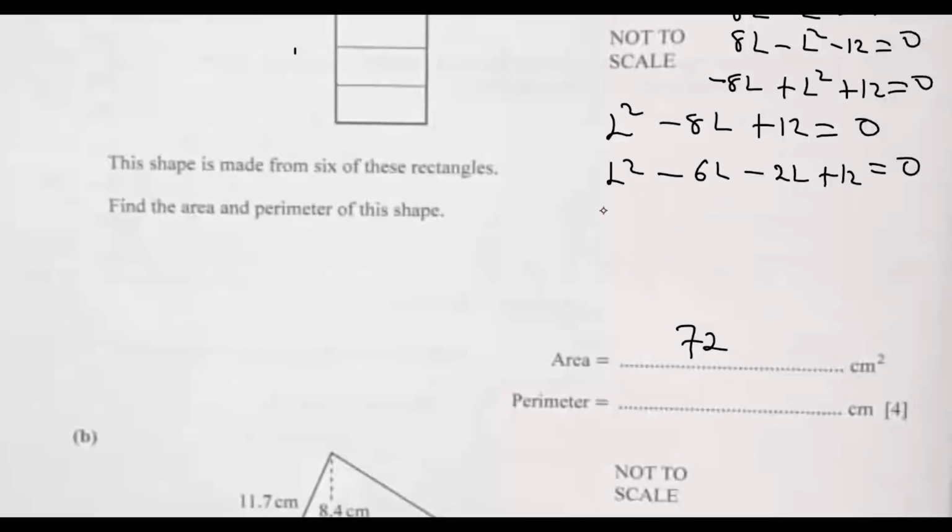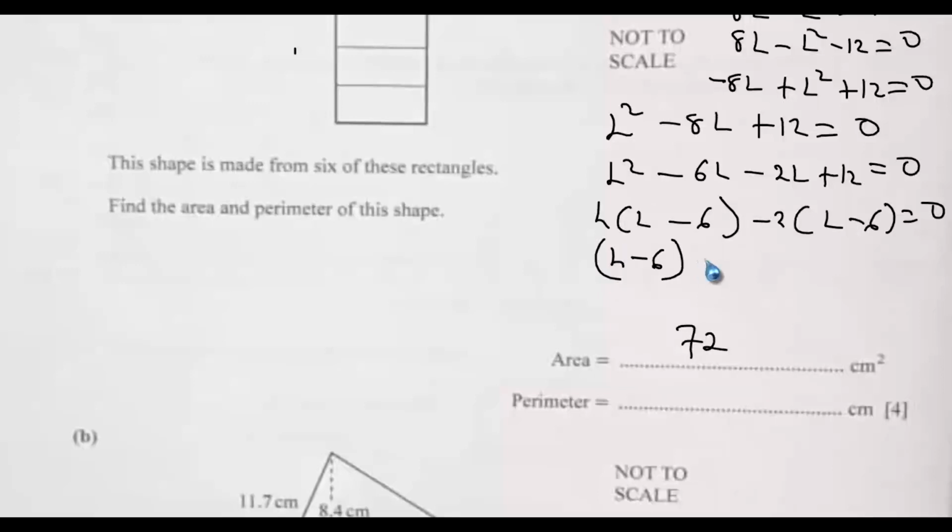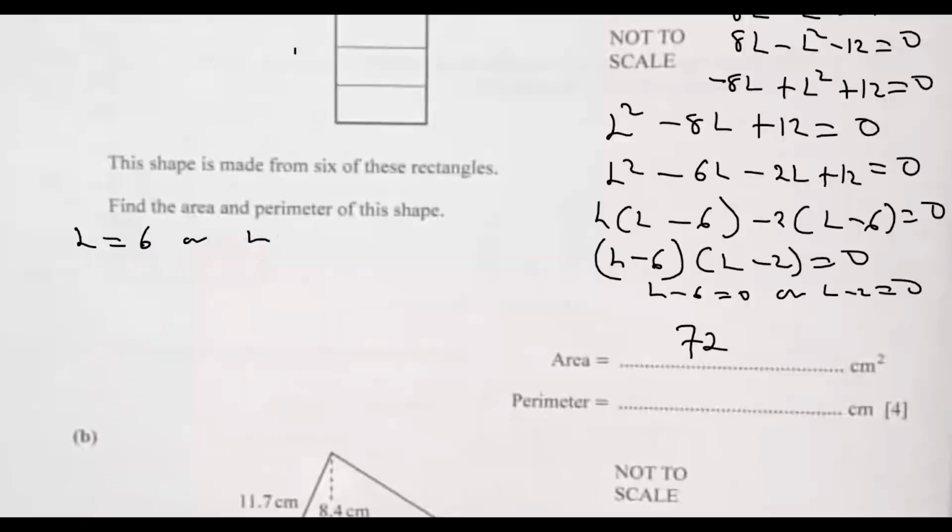If we factorize this, we're going to have L into L minus 6, then minus 2 into L minus 6 equals 0. That means L minus 6 into L minus 2 equals 0. So L minus 6 equals 0, or L minus 2 equals 0. That means the length will be 6, or the length will be 2.